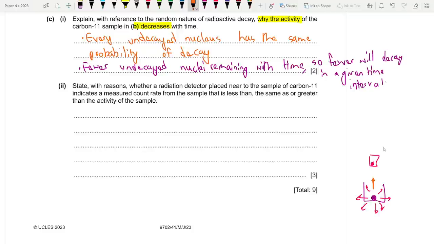State why, with reasons, whether a radiation detector placed near to the sample indicates a measured count rate from the sample that is less, same, or greater. Let's start. So mostly it will be less because we are not picking up most of the radiation, right? That's the main issue. So let's go for it.